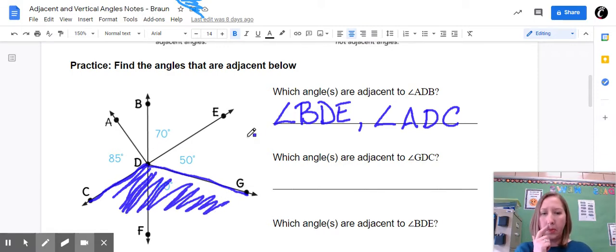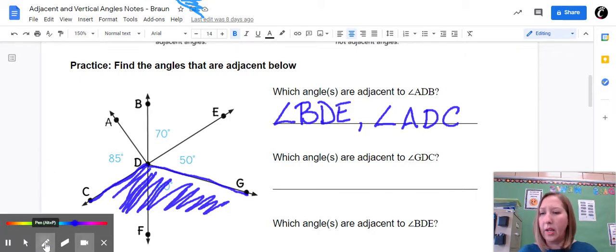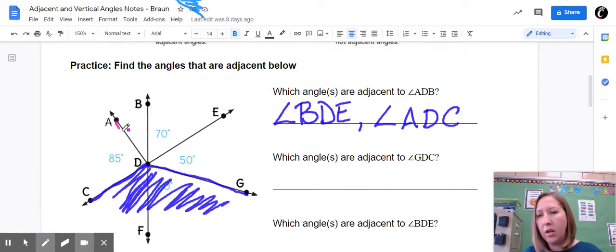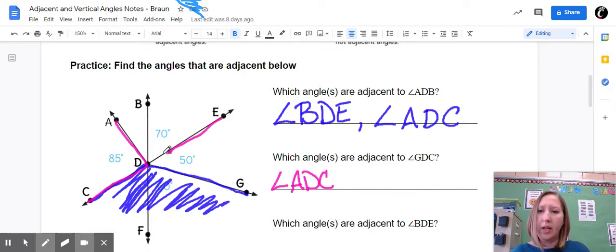To look for some that are adjacent, I want to look at which ones share the same vertex, D, and that have a common side. Probably one of the easiest to see would be right here, and that would be ADC. And then on this side as well, where we have angle EDG.